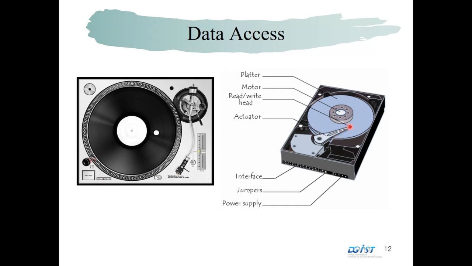For each surface of a single platter, we have a read head. If you have a single platter, we have two read heads for the front and back side. And if you have two platters, then you have four heads, and so on. So this hard disk drive operation principle is quite similar to this old style turntable.